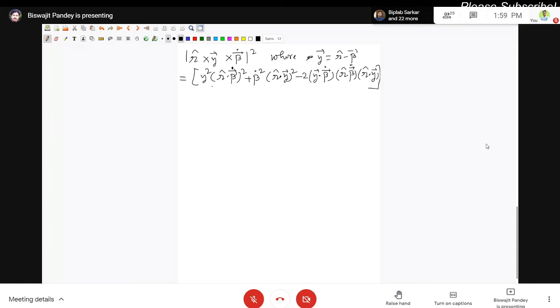And we have already calculated the simplified expressions for all of these, so we'll just substitute them in this expression.